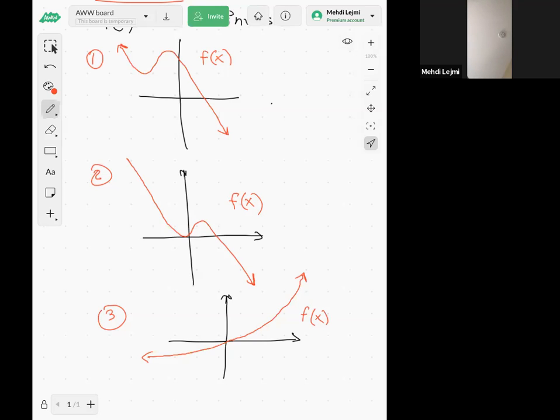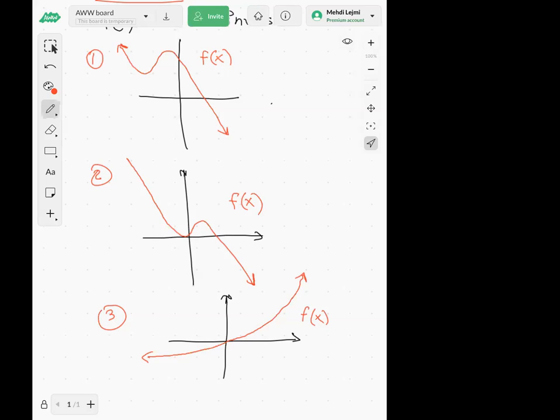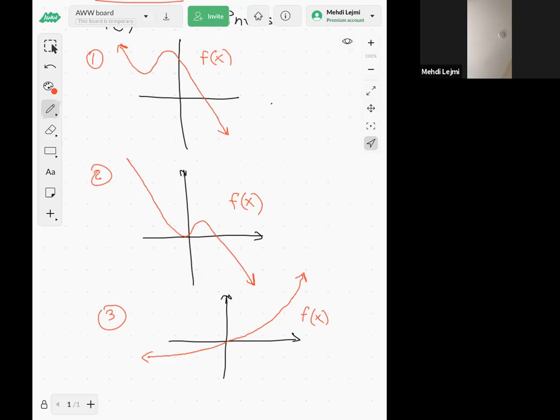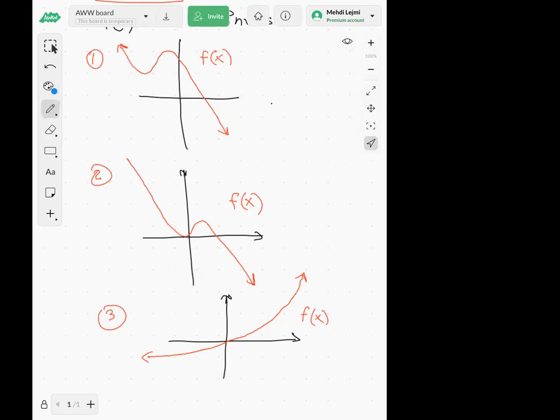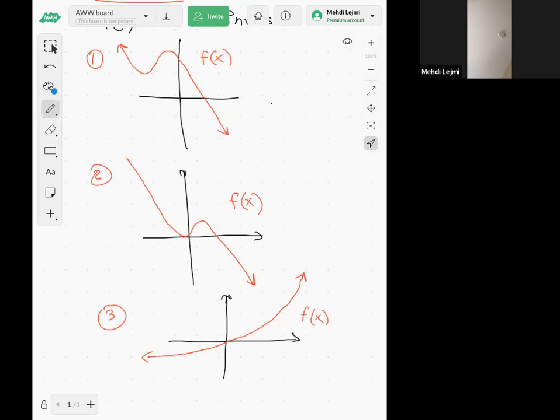Okay. So any guess for number 1, does f of x have an inverse? Number 1, f doesn't have an inverse. Yes, absolutely. If you take a horizontal line here, it would intersect the graph at 1 point, which is good.